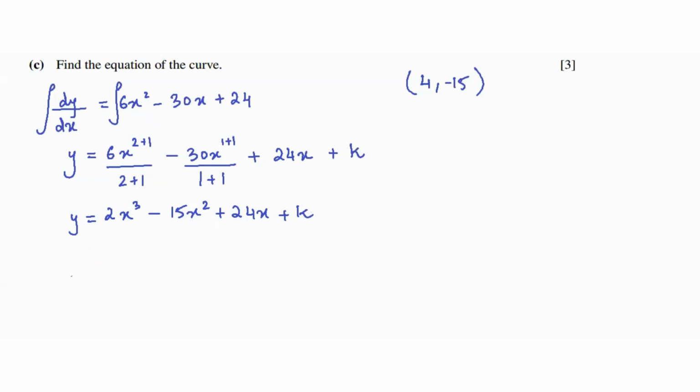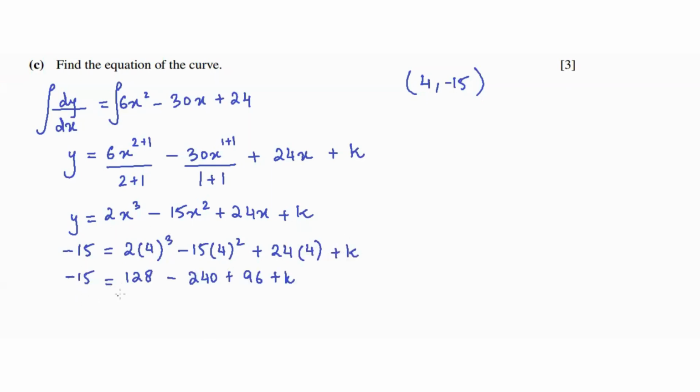So negative 15 equals 2 times 4 cubed minus 15 times 4 squared plus 24 times 4 plus k. So what we get is negative 15 equals 128 minus 240 plus 96 plus k.